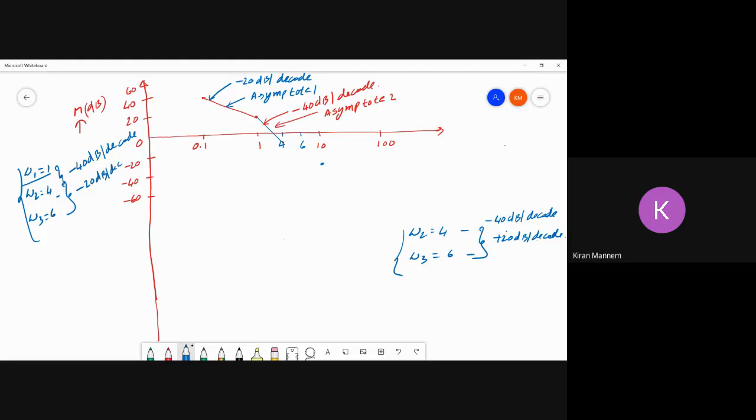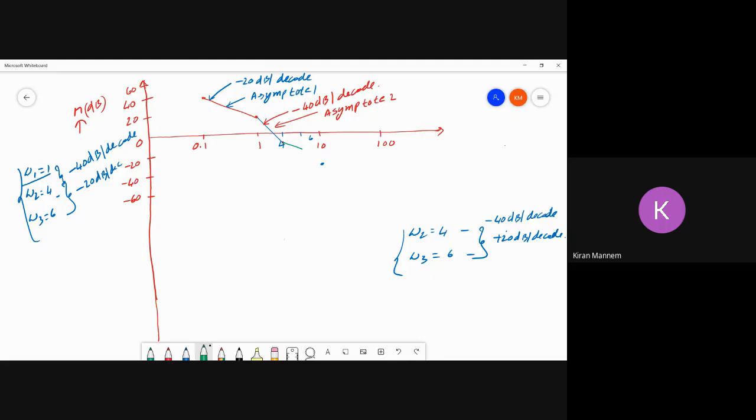Okay. So if you draw that line, I'm showing it with a parallel line. So it should be, I'll put it here. So this corner frequency would be here. If you want, you can even find out the slope of this.